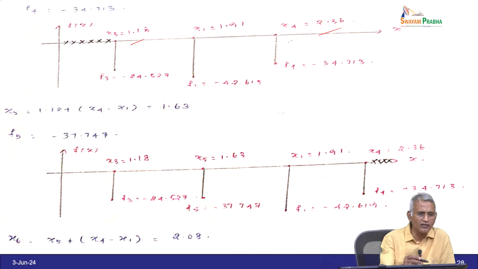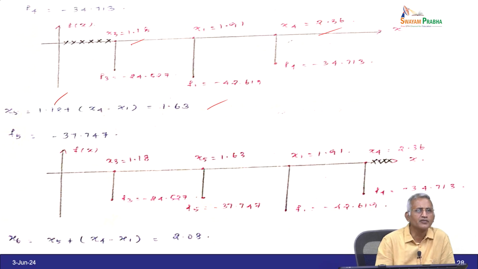Therefore, the initial value is x3 is 1.18 and add x4 minus x1. So, x4 is 2.36 and x1 is 1.91. So, the net value is 1.63. Now, we have f5, substitute x5 in the given function.